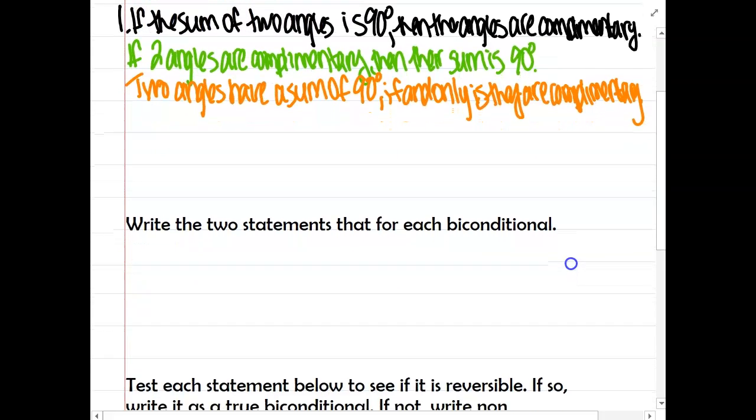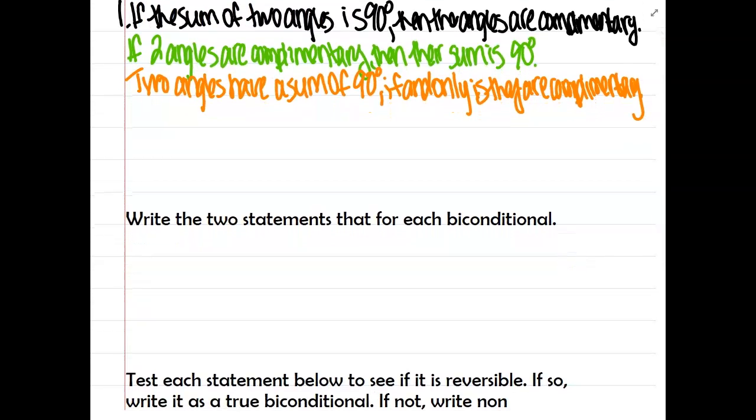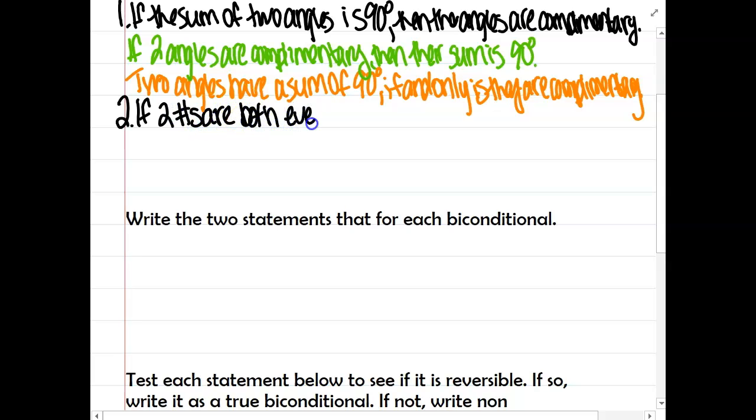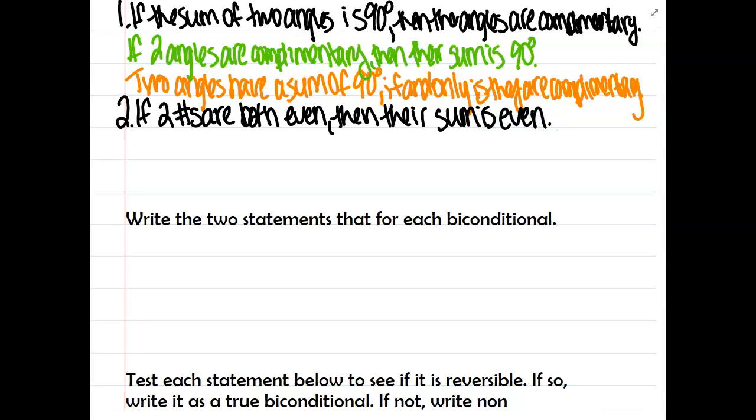All right, number 2. Let's try another one of those. Number 2 says, if two numbers are both even, then their sum is even.